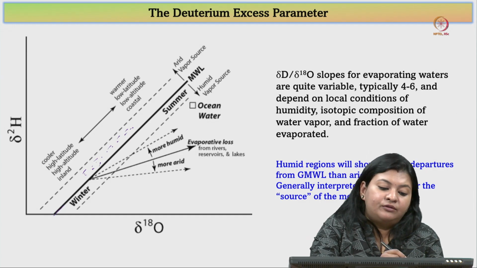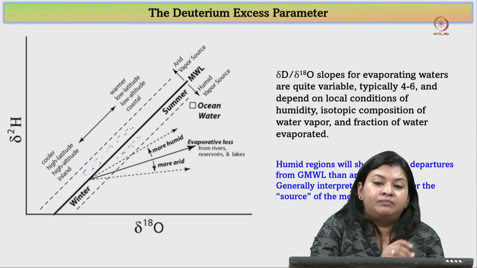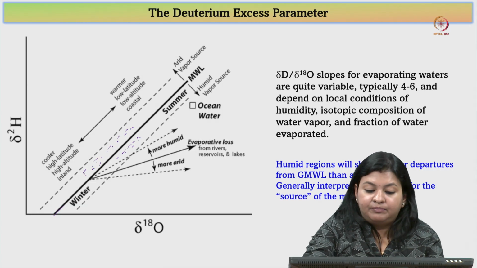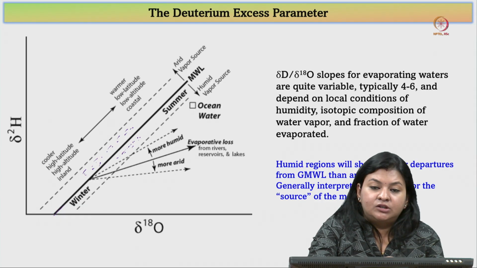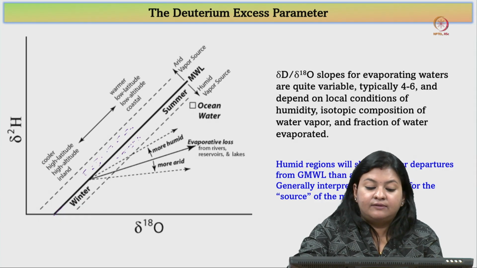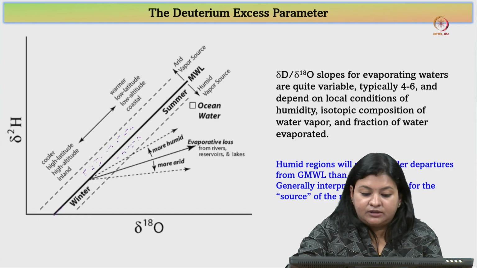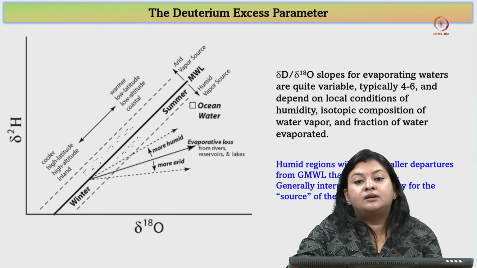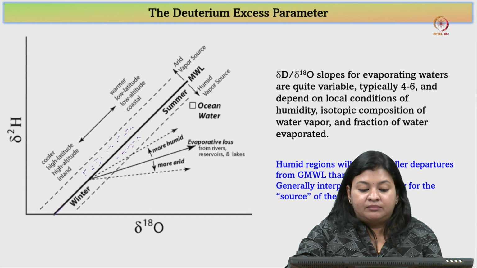If your data is plotting more here, but parallel to the global meteoric water line, you will know that it is coming from a more humid vapor source. If the slope entirely changes, if there is a huge shift, you will know there will be evaporative losses. There is a humidity factor coming in.